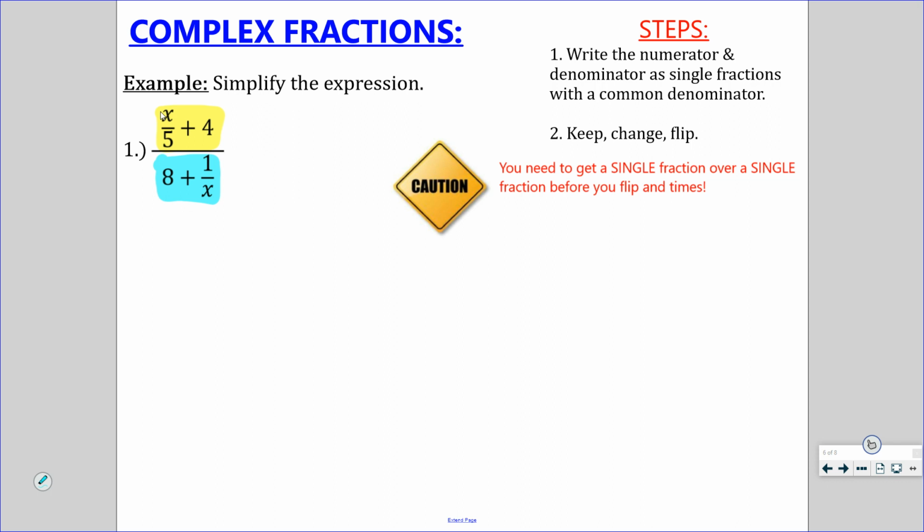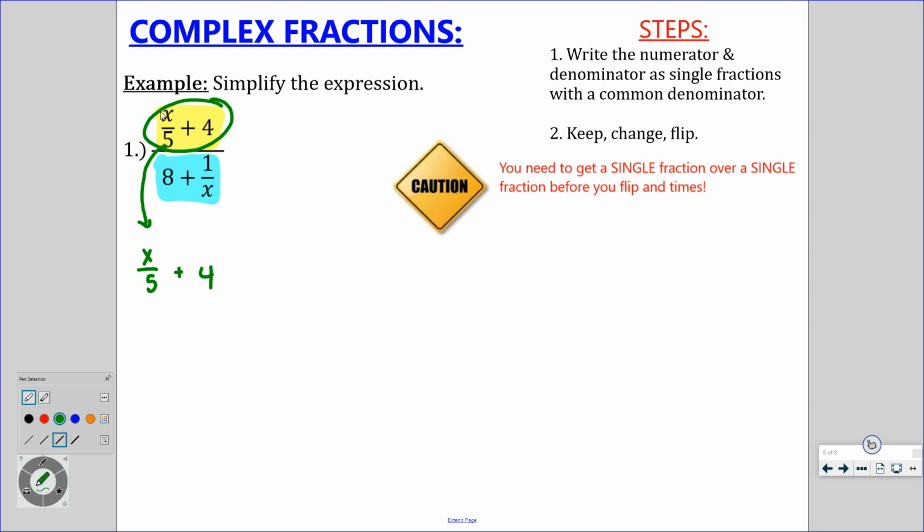All right? So the way I kind of do these, I kind of like separate them. I'll use green here. So first I kind of will just draw an arrow like this and say, okay, I want to write this as a single fraction. If it helps you to write 4 as a fraction, 4 as a fraction is 4 over 1. This one's not hard to get common denominators.